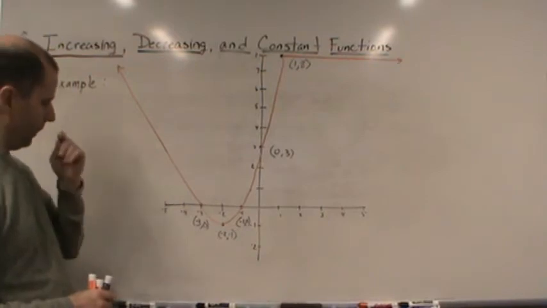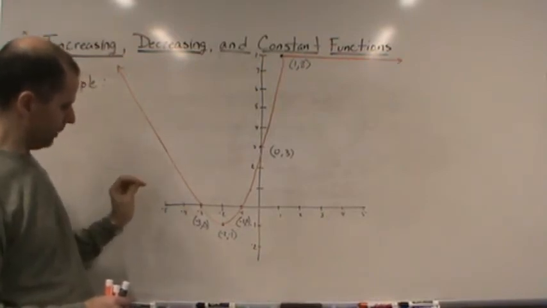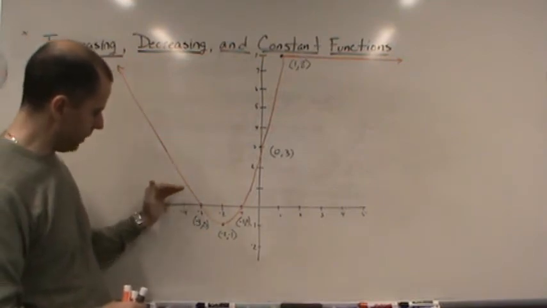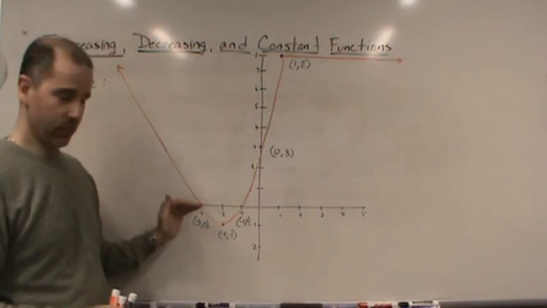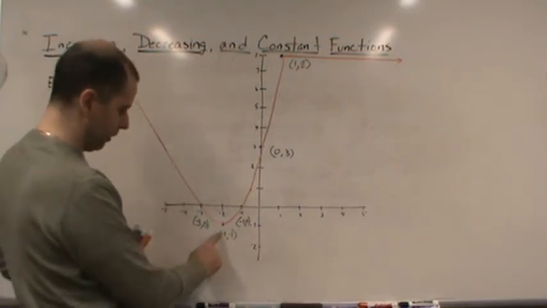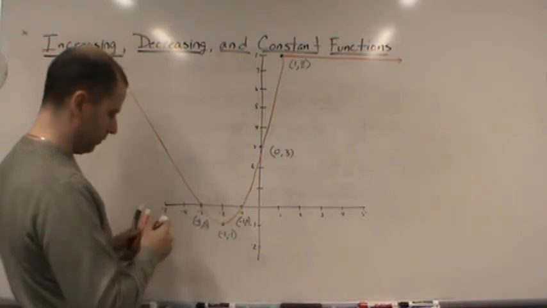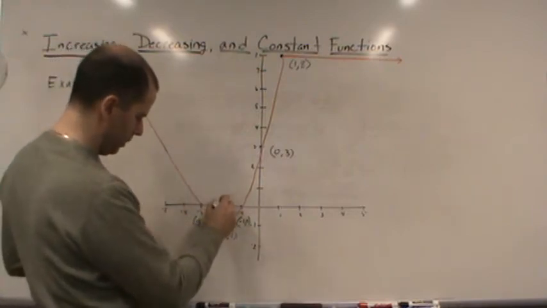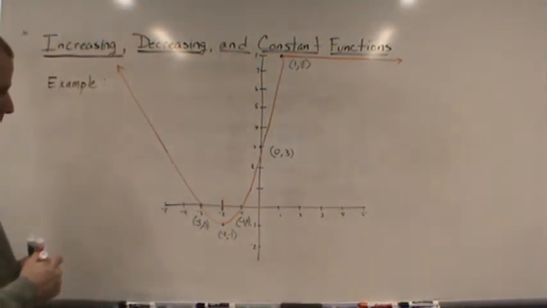It's decreasing. But to what point is it decreasing? How far in the x direction do we go before something changes? Well, if we notice this point here, negative 2, 1, right there, it changes.